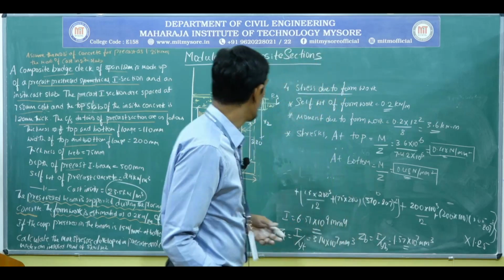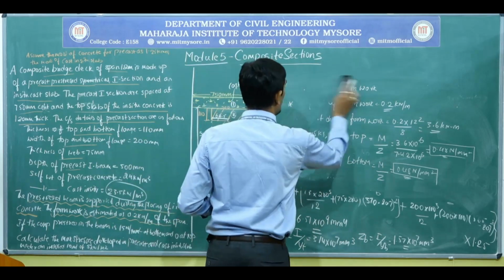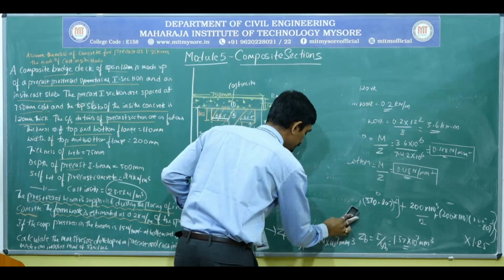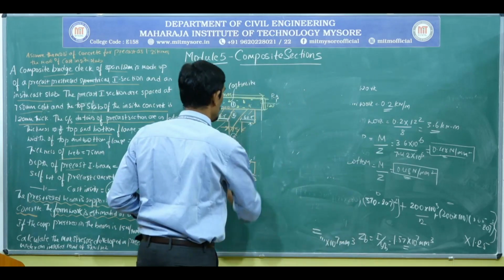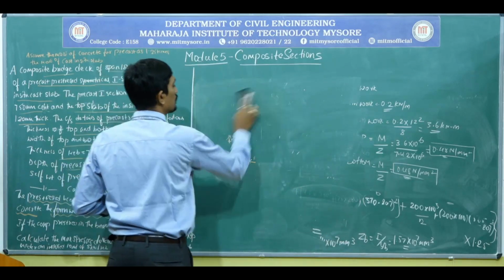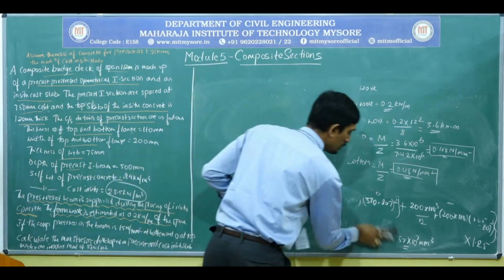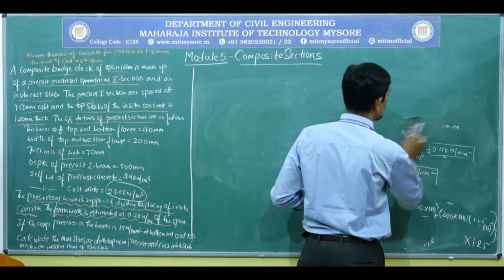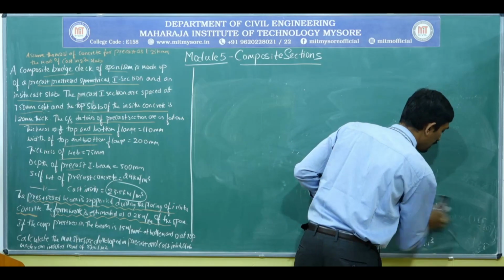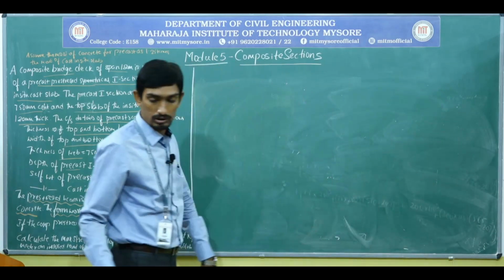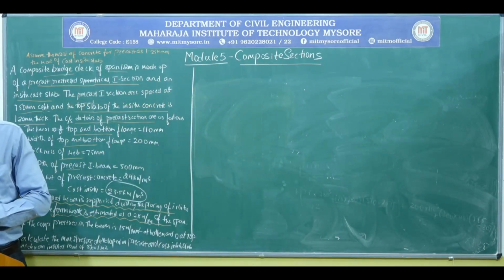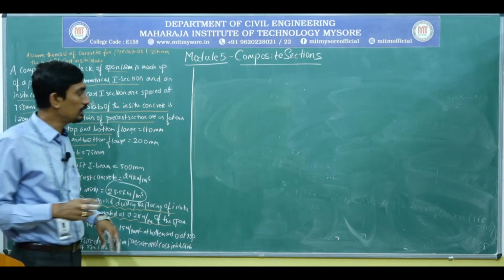After this I will draw the stress diagram. We'll also draw the stress diagram, because the stress diagram is very, very important. You need to draw the stress diagram. So let me draw that.